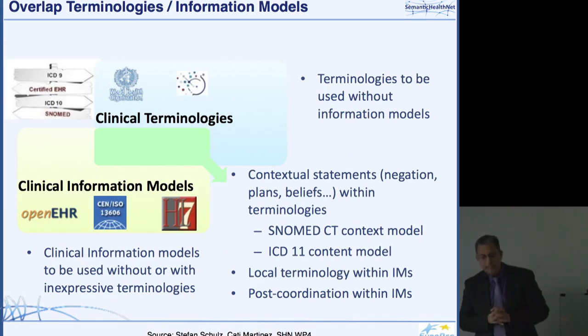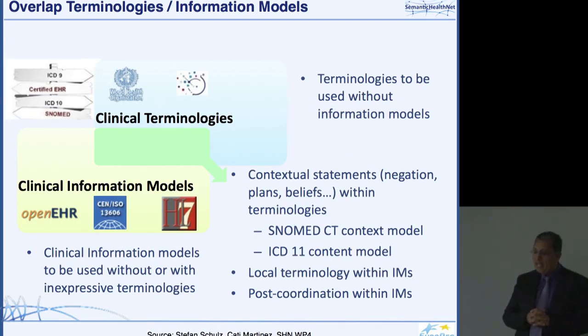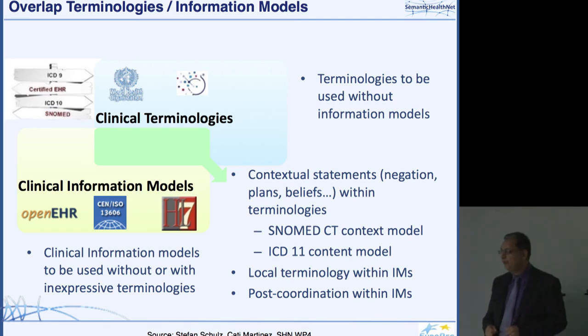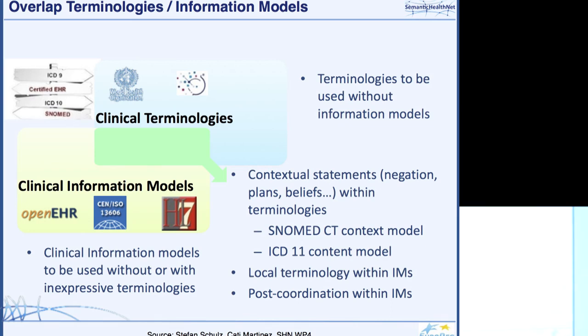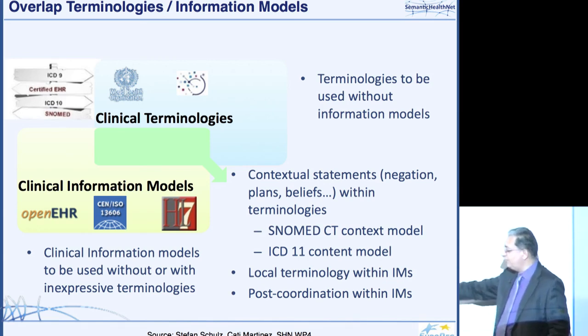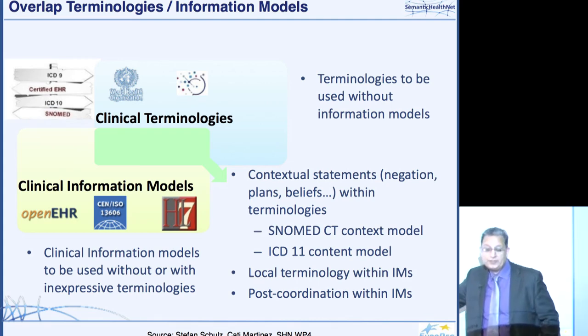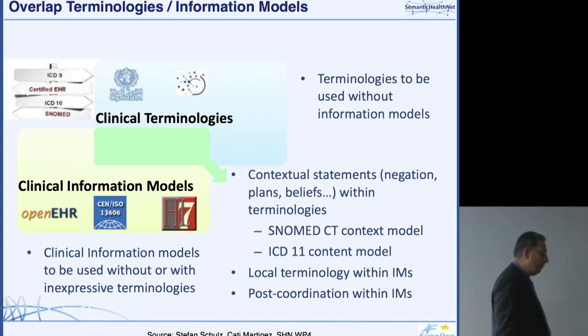And similarly, many of our clinical information models and underlying EHR models were not really built with a view that terminologies existed. So often you find that quite a lot of the properties I said a reference model has are hiding inside terminology space. And you find a lot of very terminologically relevant semantics is sitting inside information models.